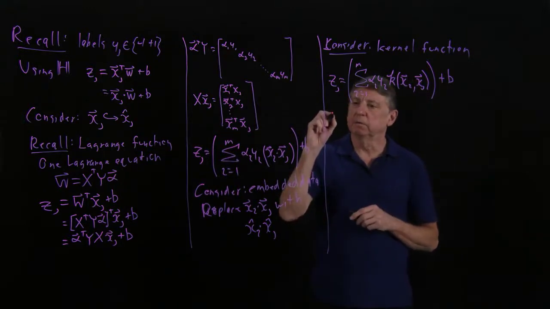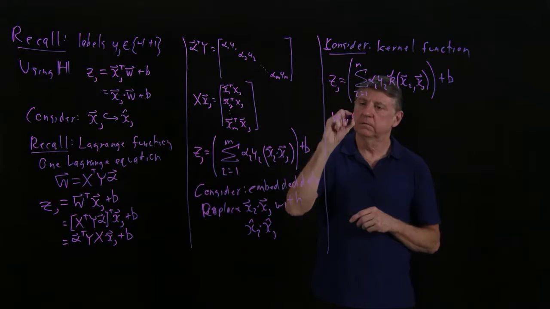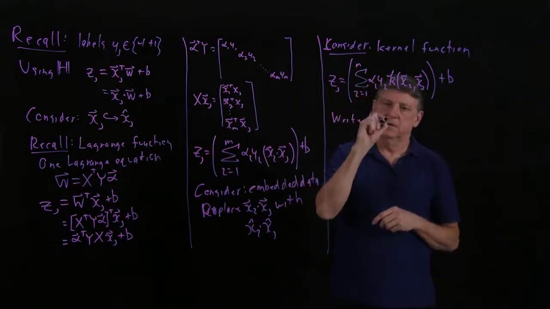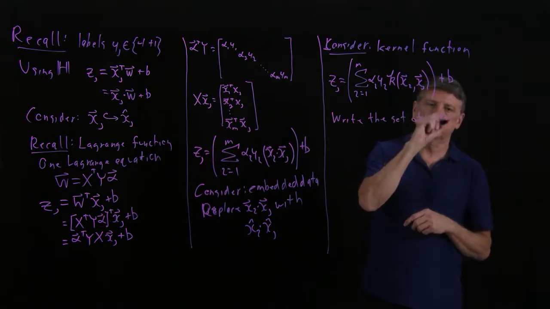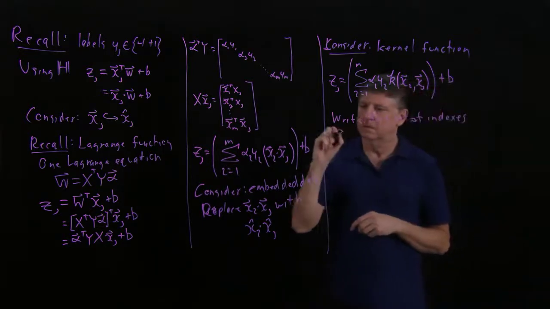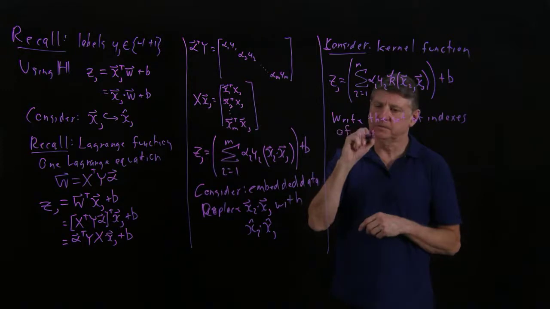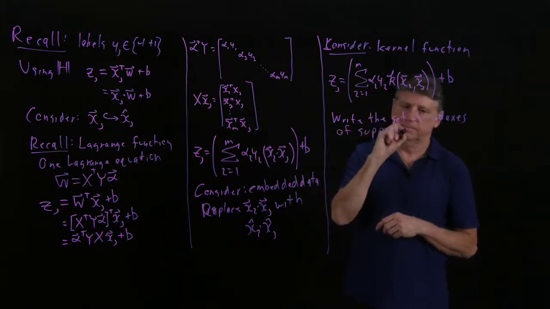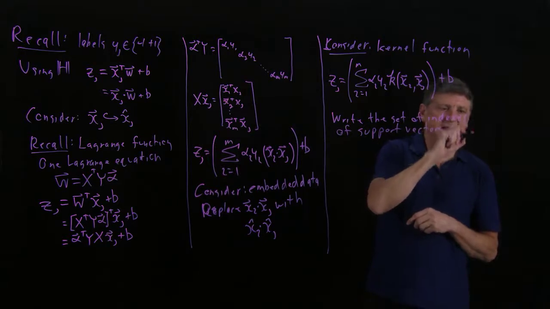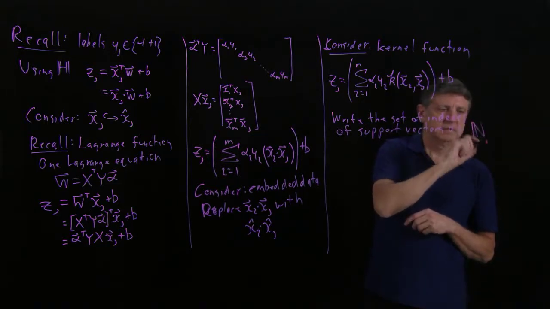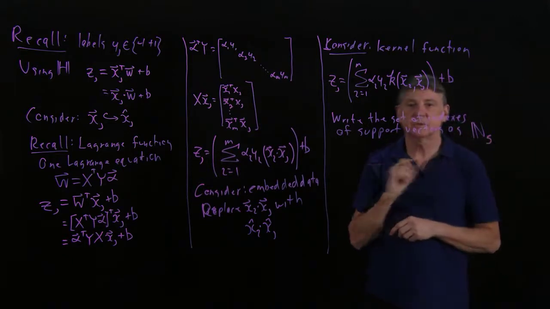So we will write the set of indexes of support vectors as, let's write that as, our blackboard n with an S subscript.